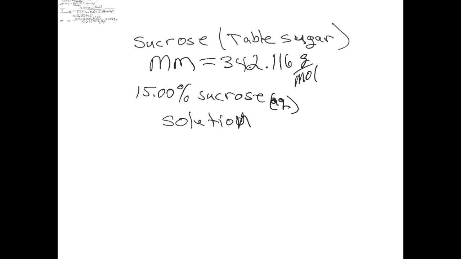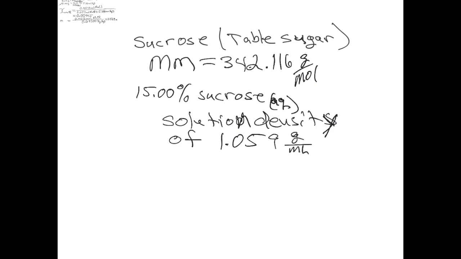has a density of, let's see, what is the density? 1.059. And that's grams per milliliter. And so I'm going to be real specific here. That's grams of solution, because it's the density of the solution, divided by milliliters of solution.